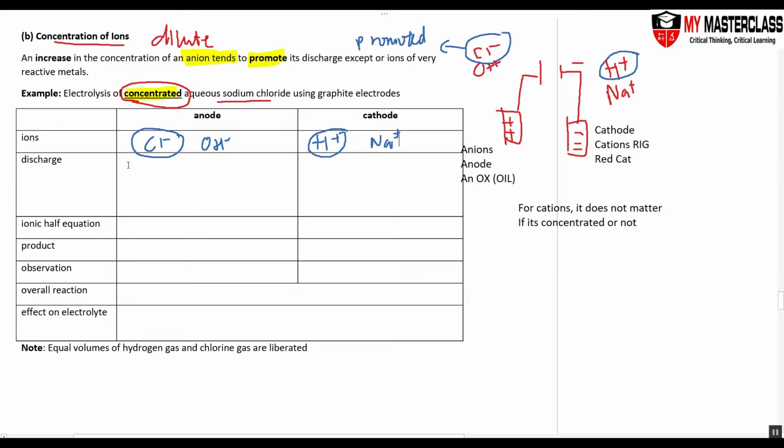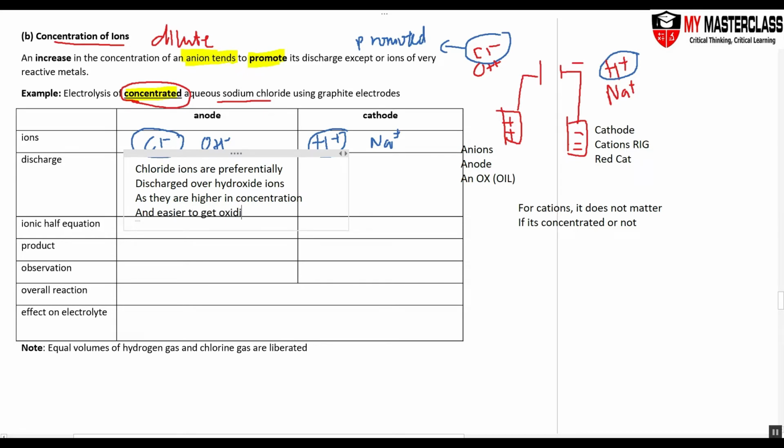Okay, so chloride ions are preferentially discharged over hydroxide ions as they are higher in concentration and easier to get oxidized.